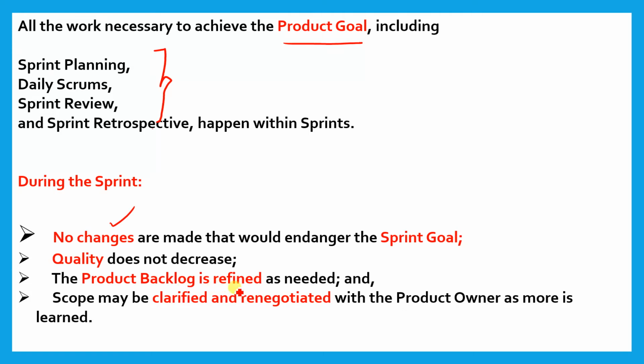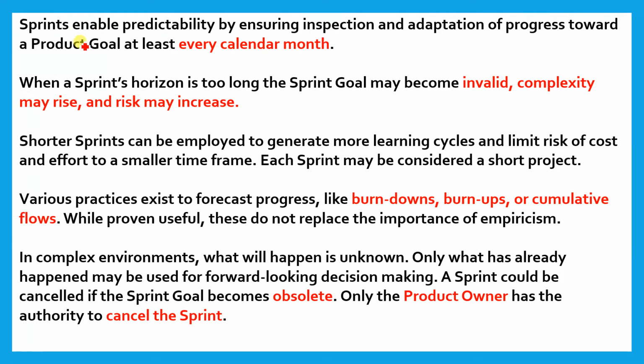The product backlog is refined as needed, and scope may be clarified and renegotiated with the product owner, and more is learned. Right? Sprints enable predictability by ensuring inspection and adaptation of progress towards a product goal at least every calendar month.